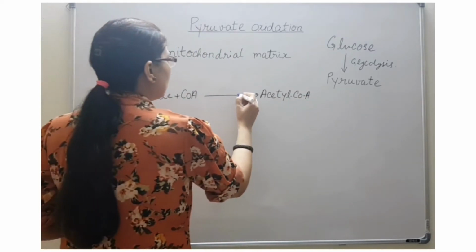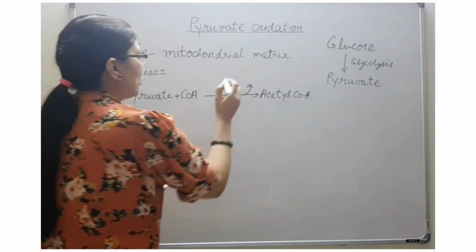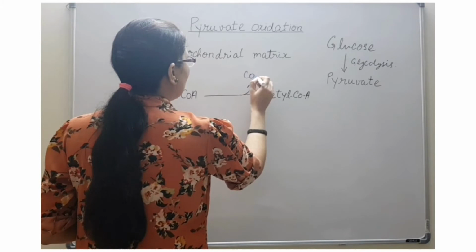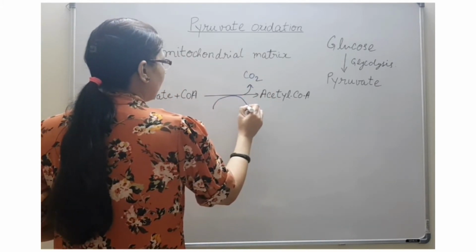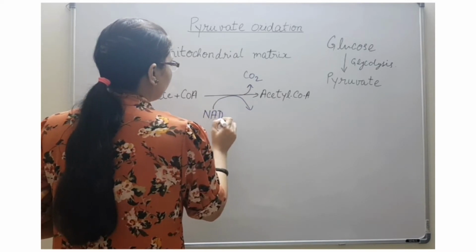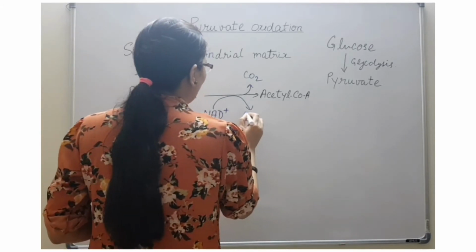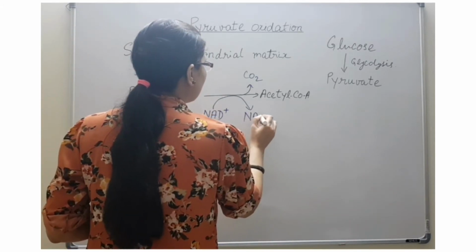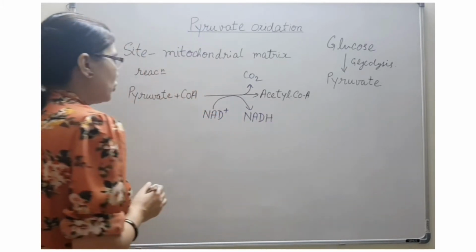In this process, the carboxylic group of pyruvate is released as CO2 and NAD plus acts as the oxidizing agent which oxidizes pyruvate and itself is reduced to NADH.